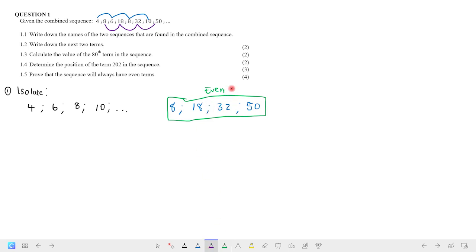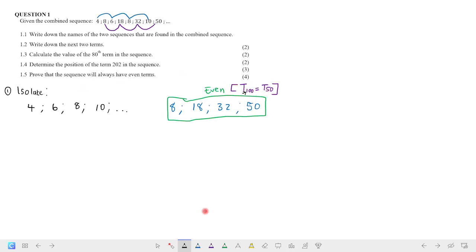If it is term 100 in the combined sequence, let me write T100, then in the isolation it is equivalent to term 50, right? Now the 100 is an even number, but this one doesn't have to be even. This one has to be even, but this one is okay, it can be odd.